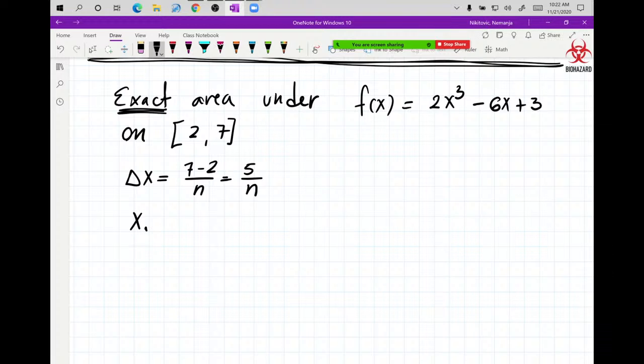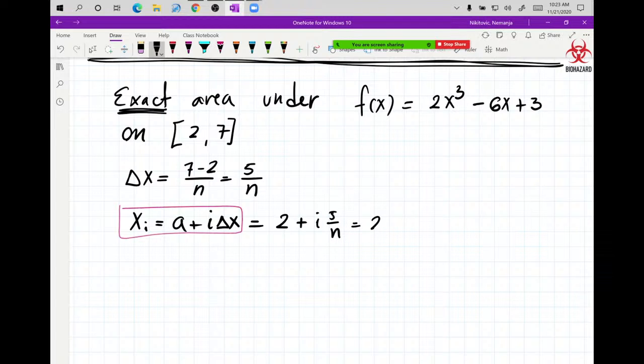Now our xi is a plus i delta x. That's like a formula which calculates our xi's. So that's 2 plus i times 5 over n, which is 2 plus 5i over n.